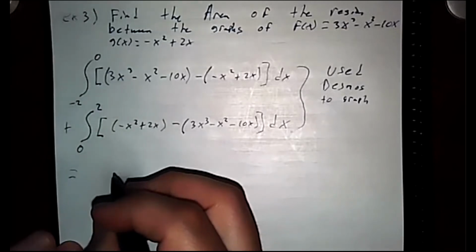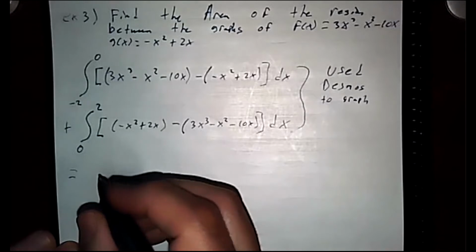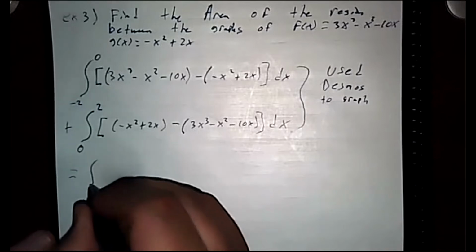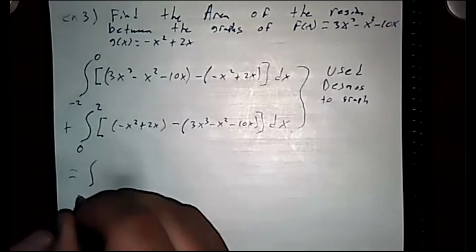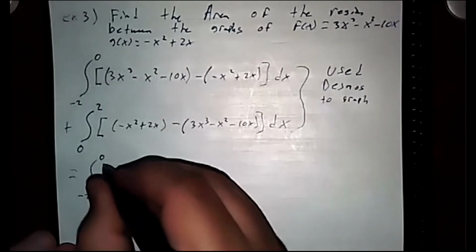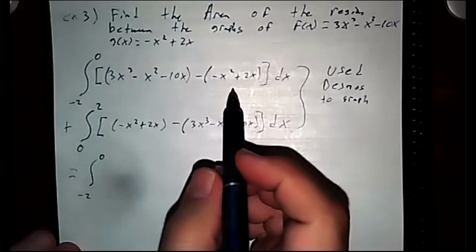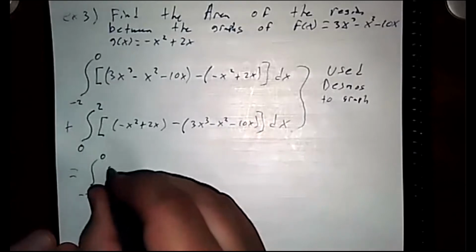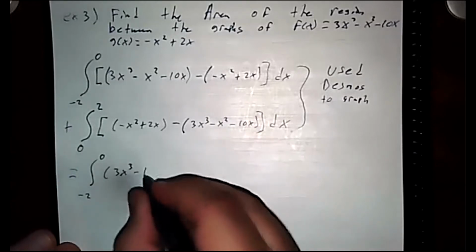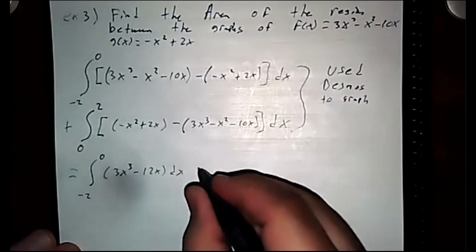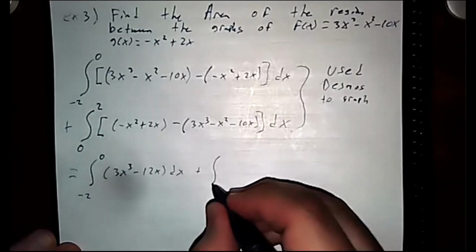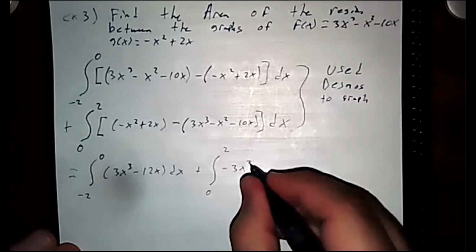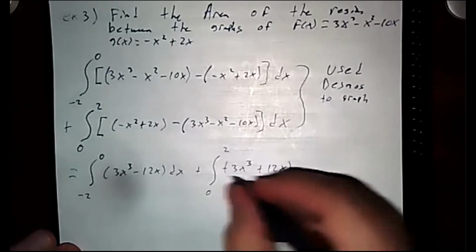The integral from -2 to 0, some of these terms would cancel, giving us 3x cubed minus 12x dx. And then you'd collapse this stuff, combine like terms: 0 to 2 of -3x cubed plus 12x dx.